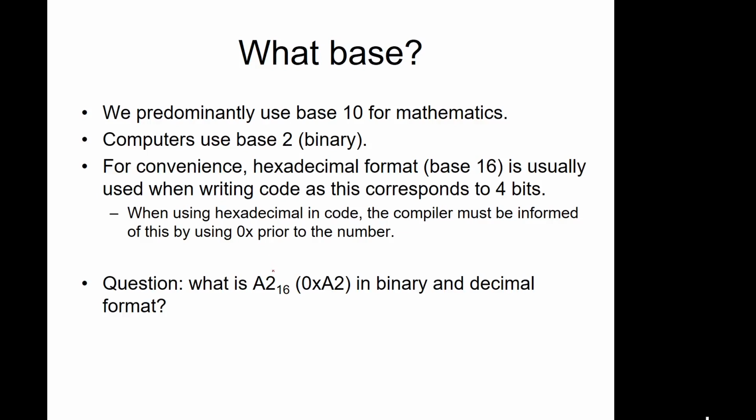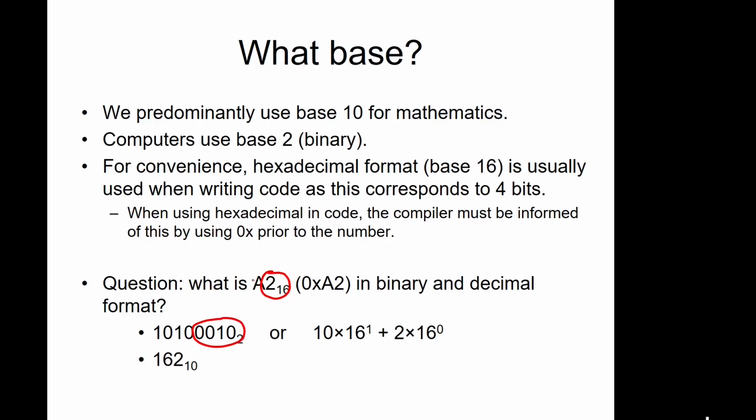As an example, we have the number A2 in base 16. In order to convert that into either binary or decimal, the 2 is essentially 4 bits. So the 2 is our first 4 bits here.